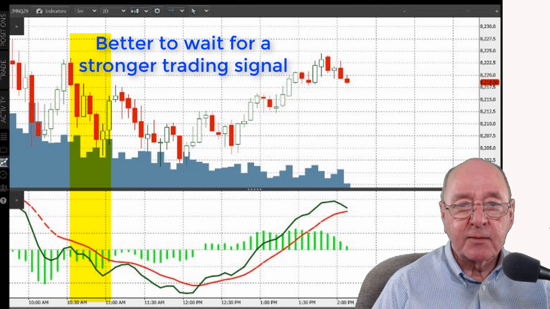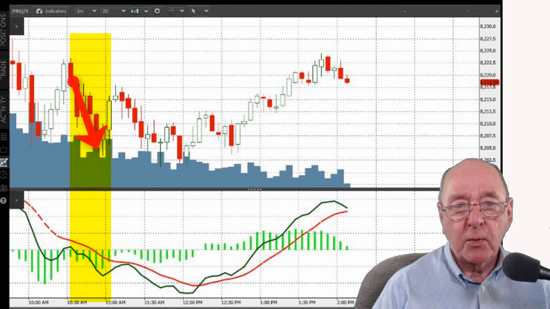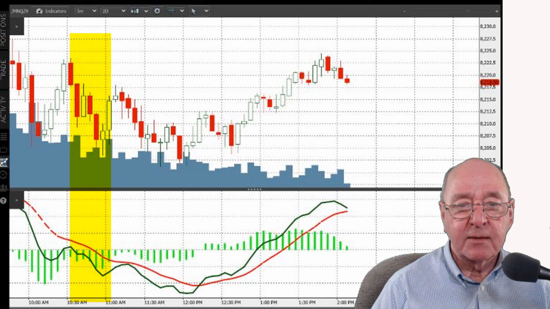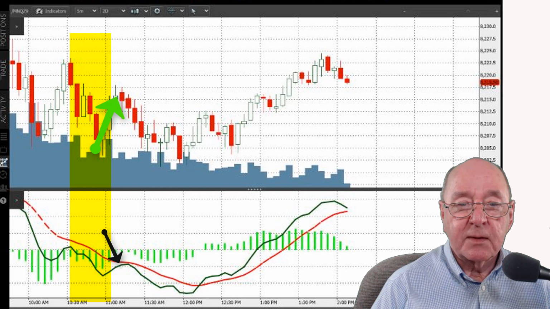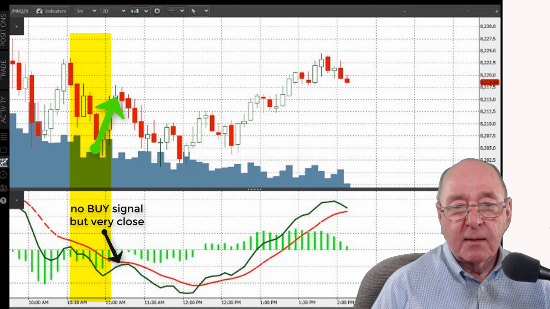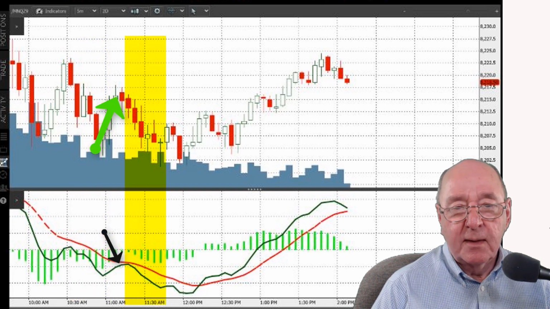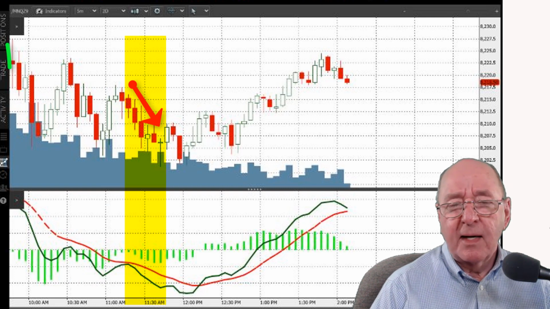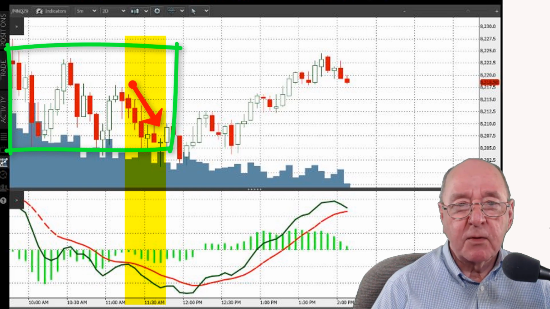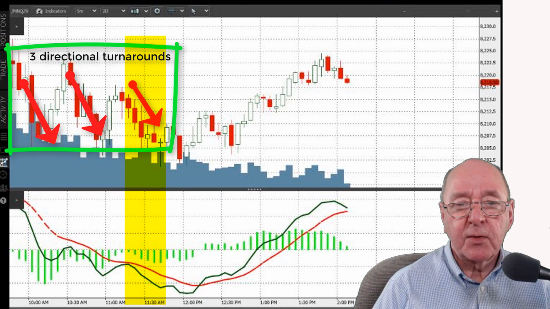Then you can see at about 10:45 the market heads down again, and just a few minutes before 11 o'clock it takes another turn up, except this time just as it turns up, it looks like the green line is going to go over the red line to indicate a buy, and then unexpectedly it doesn't cross over, but close to 11:30 the market's down again. So in an hour and a half, 2 hours in the morning, you've gone through 3 different directions and you haven't really found a good trade signal.